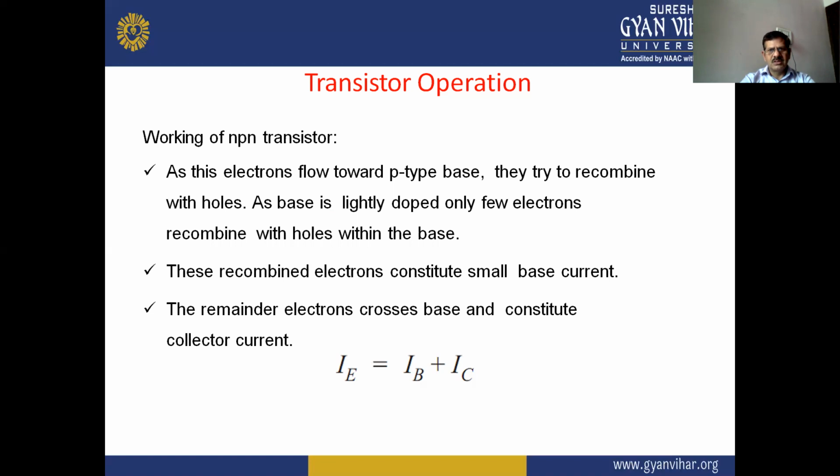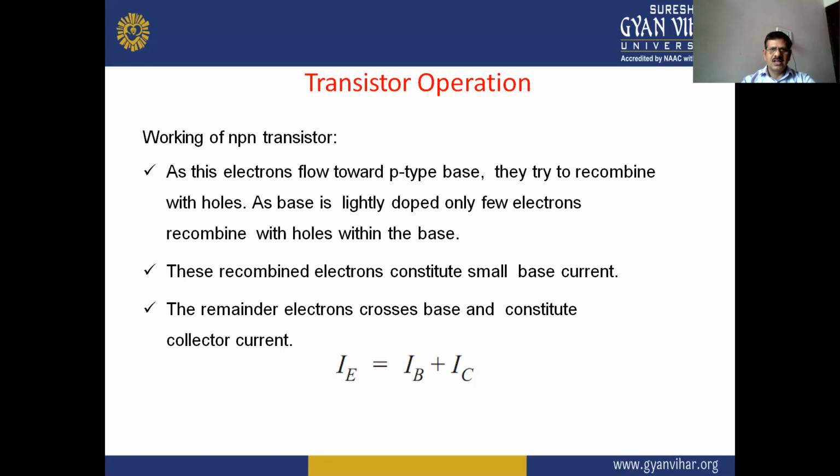These recombined electrons constitute a small base current, the base current IB. The remaining electrons cross the base region and constitute the collector current in the collector region.